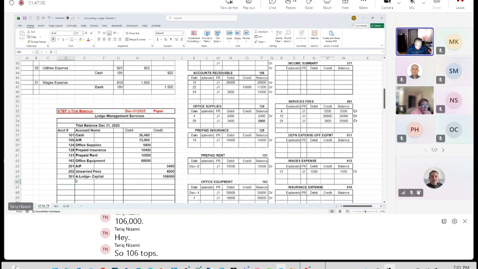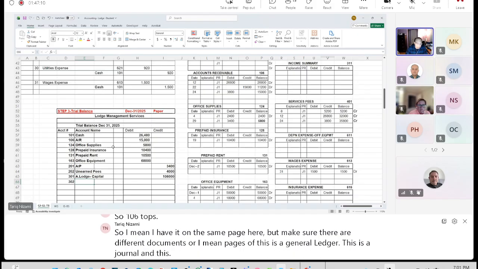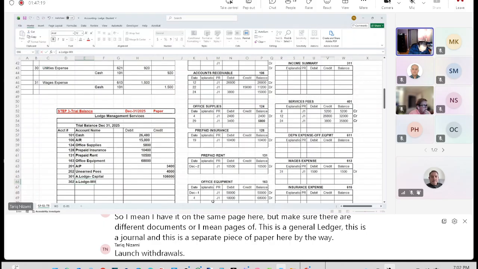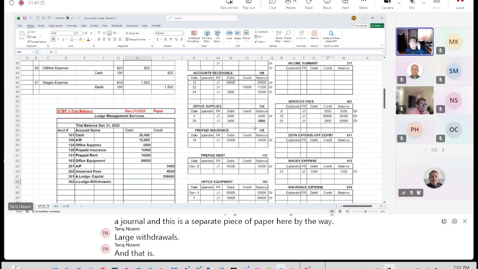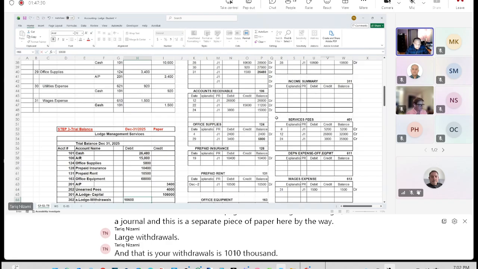So, I mean, I have it on the same page here, but make sure there are different documents, or I mean, pages of, this is a general ledger, this is a journal, and this is a separate piece of paper here, by the way. Alarge withdrawals. And that is your withdrawals is 10,600 debit.